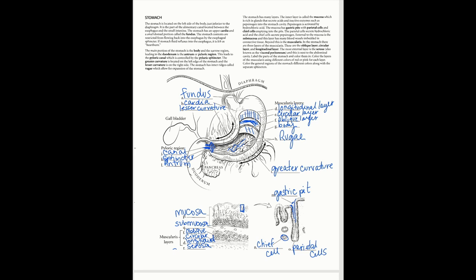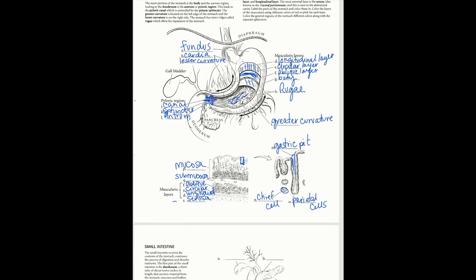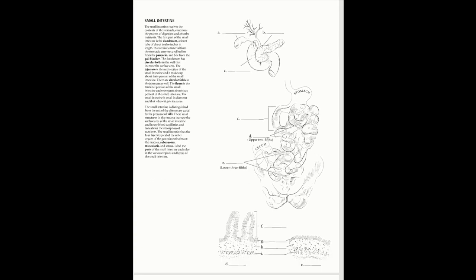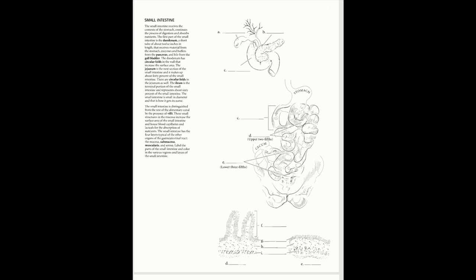Right, so now that we have covered the stomach, let's go ahead and move on to the next organ in line in the alimentary canal, which is our small intestine. And we're also going to cover just a couple of the accessory organs here.